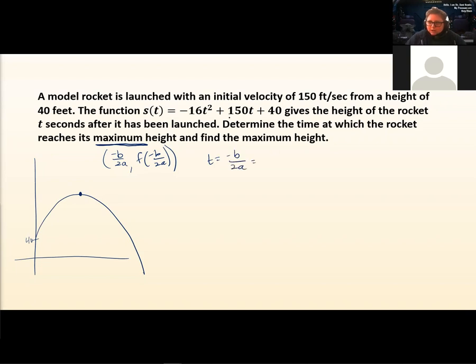And our negative b is what? What's our b? 150. Yep, 150. What's our a? Negative 16. Negative 16. That makes it 150 over 32, positive, right?